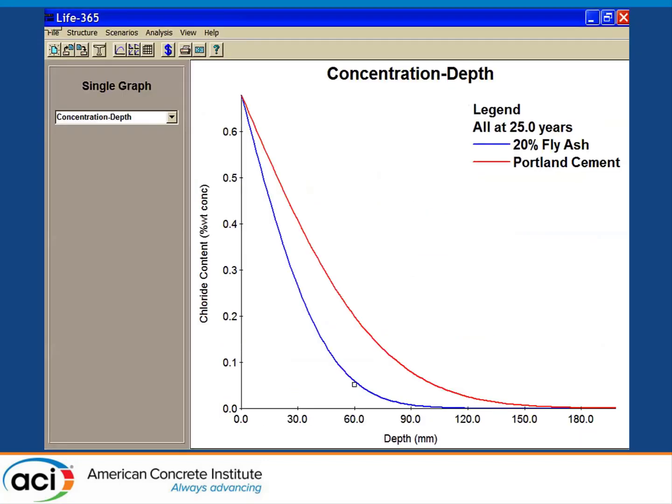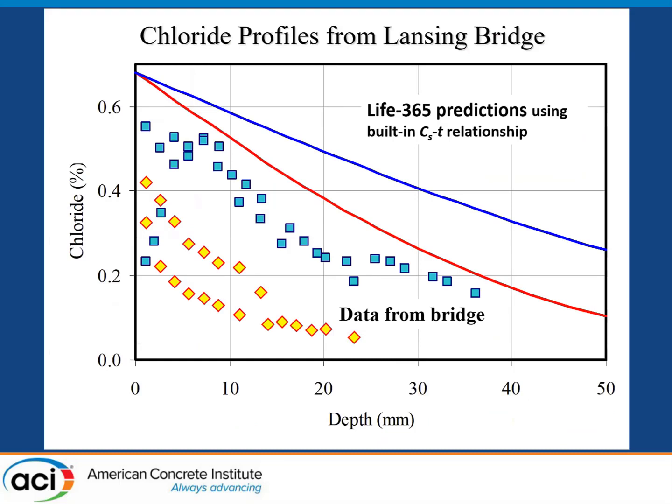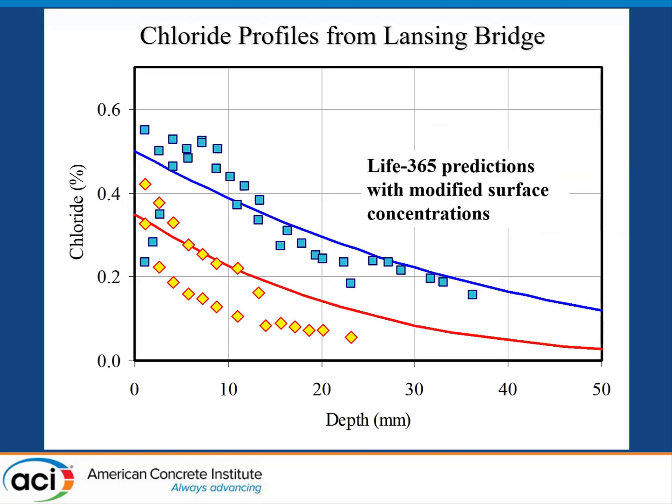But when we tried to fit Life-365 to this, what we found is Life-365 just had no idea where that surface concentration would be and completely over-predicted the profiles. But once we educated the model and told it what the surface concentration should be, it was pretty good at modeling the ingress.